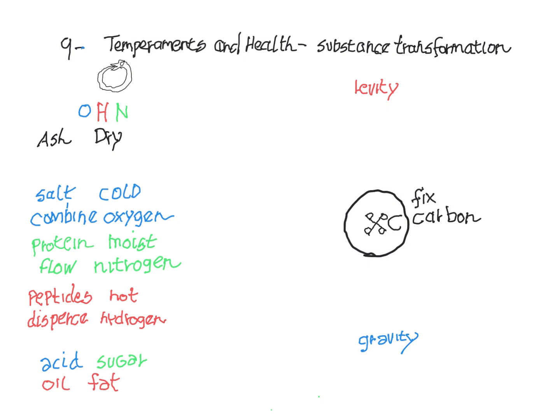In chemistry, carbon is a deep fixing agent for many, many compounds. It's kind of a spine that is used in chemistry to build molecules. And in the temperamental mandala, the place of carbon is represented by the temperamental quality of dryness.